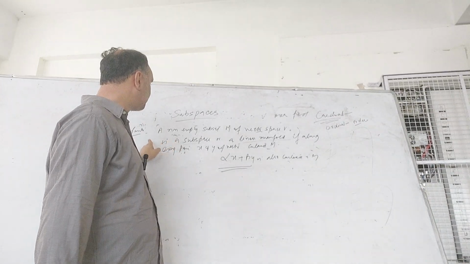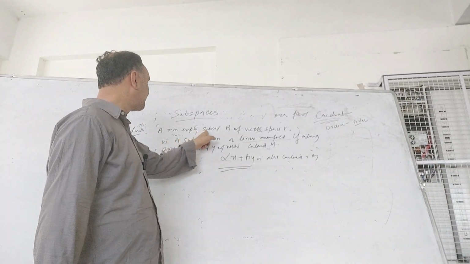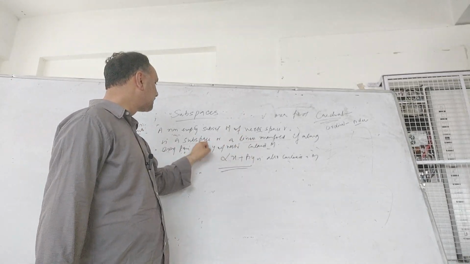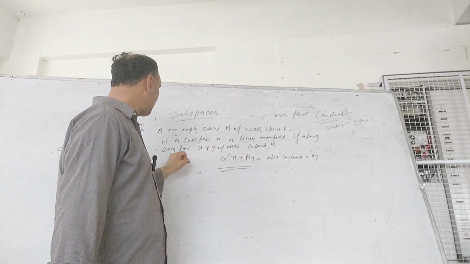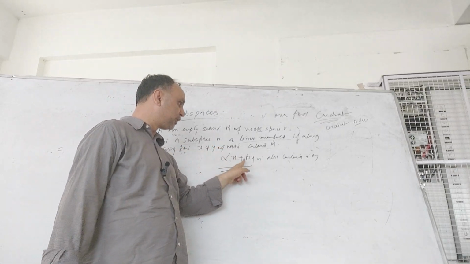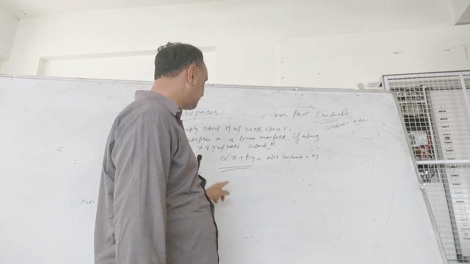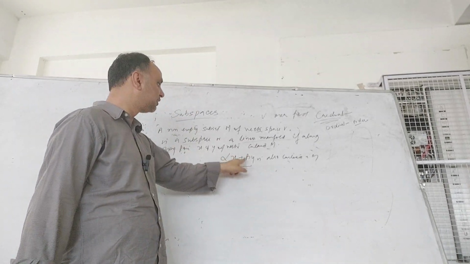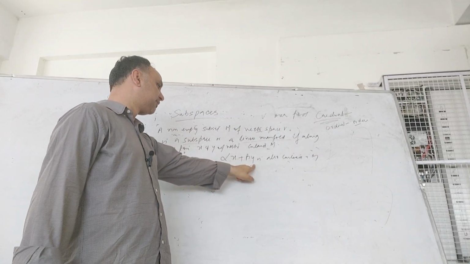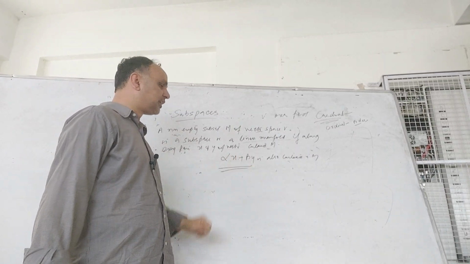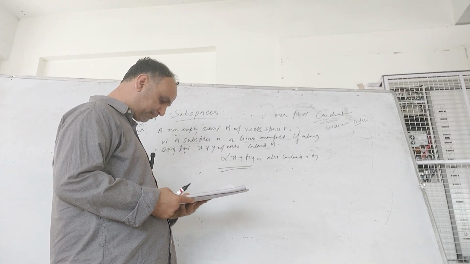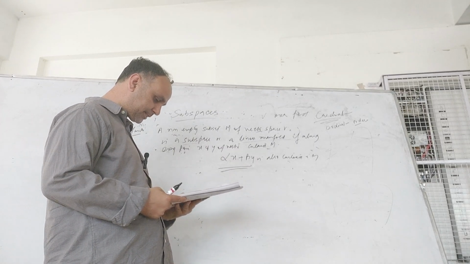So the subspaces can be defined this way, with the property we have defined here. These alpha and beta are the scalars, and the vectors are associated with that number field. So this is the basic definition of how we define a subspace.